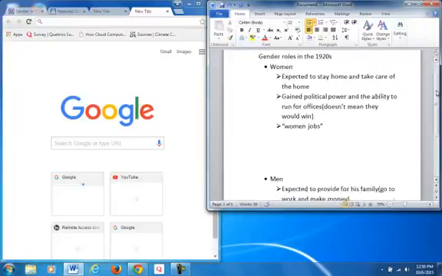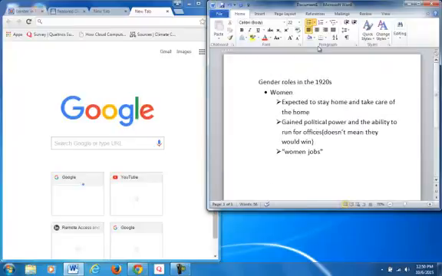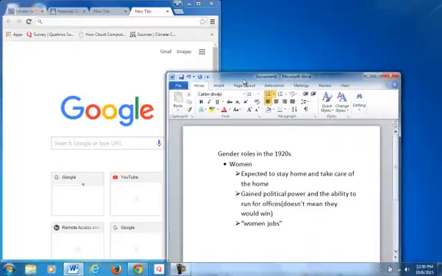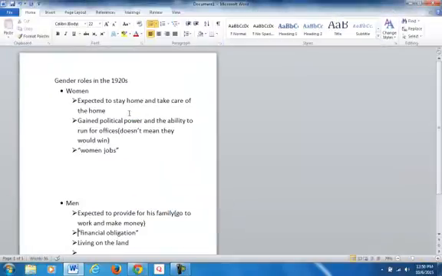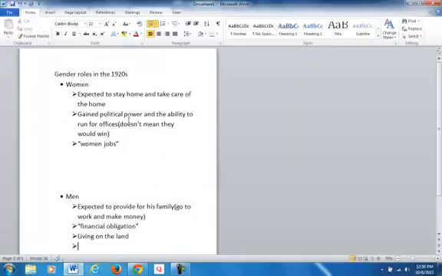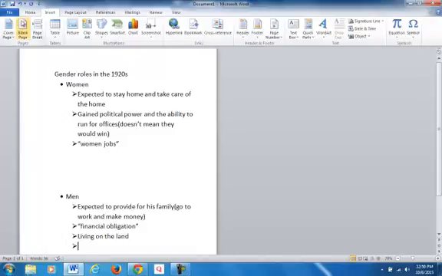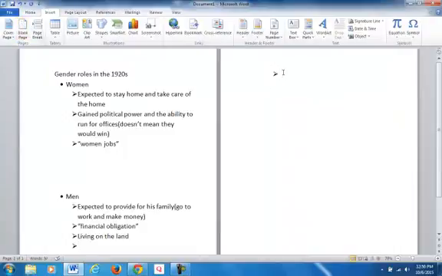Then after I gather information, I would probably just keep going. Okay, and then you can do your side by side. So say if you want to start.